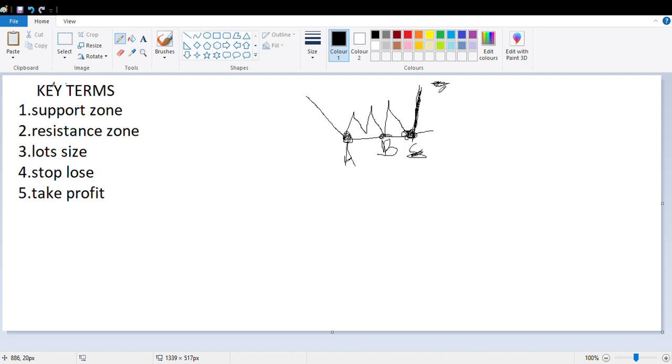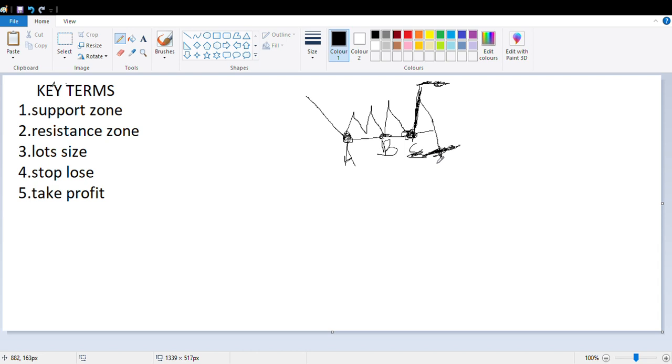So when the market reaches that point, we make profits. And if the market moves backward, we assume that if it reaches this zone, we accept what we've lost. So the money will be deducted from your account.